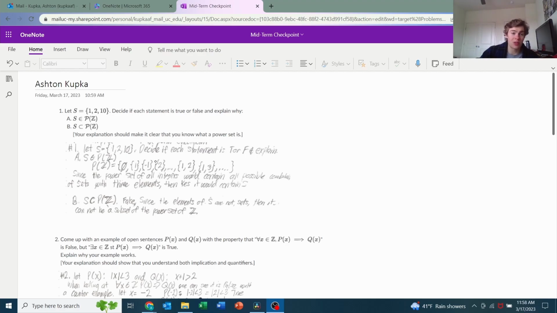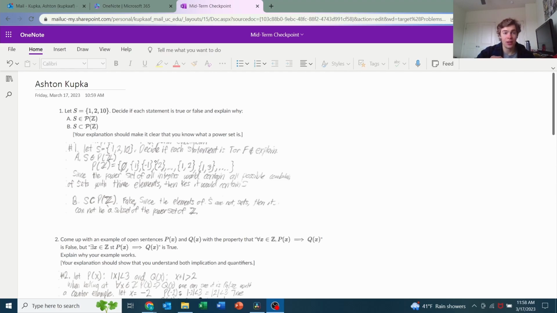Since we know that the power set of all positive integers is first going to contain the set of numbers that contain no elements, so the empty set, and then it's going to contain the set of numbers with only one element, so 1, -1, 2, 3, and so forth, all the way for all integers. Then it's going to contain the set of numbers with two elements, so 1, 2, 1, 3, 1, 4, and all the way down until all the elements have been taken.